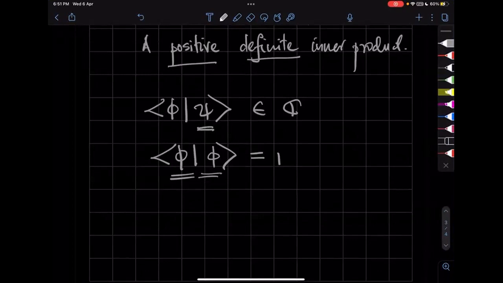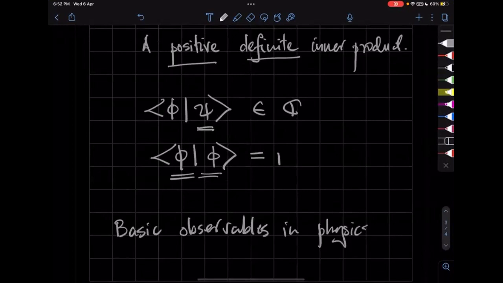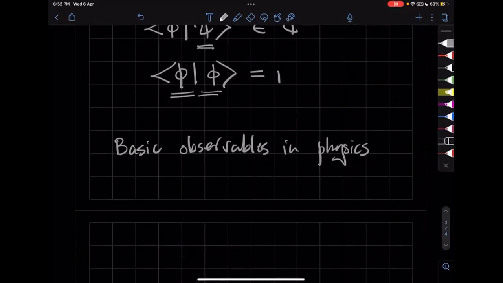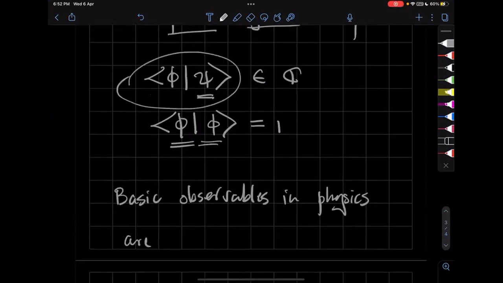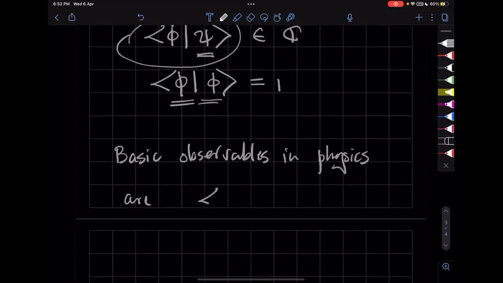In physics, the basic observables are the square of these guys. They're complex numbers, so you can take the modulus and square it.